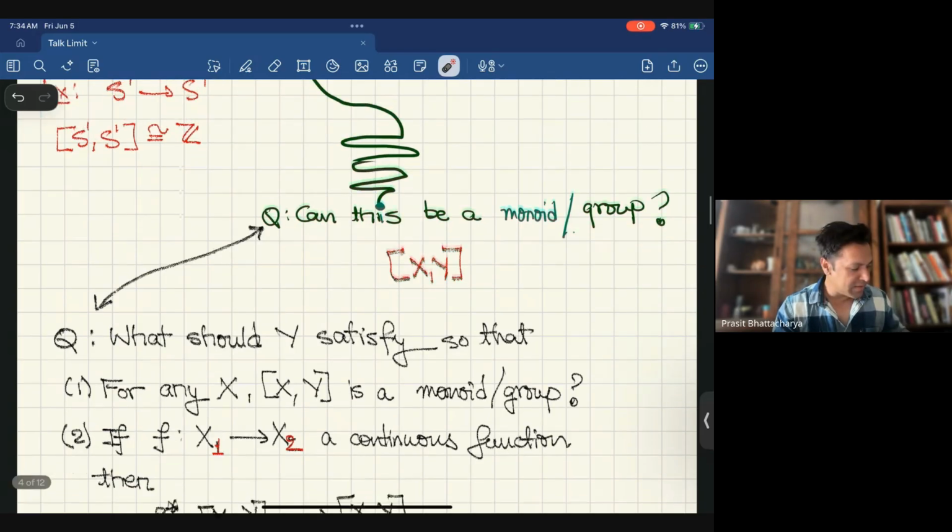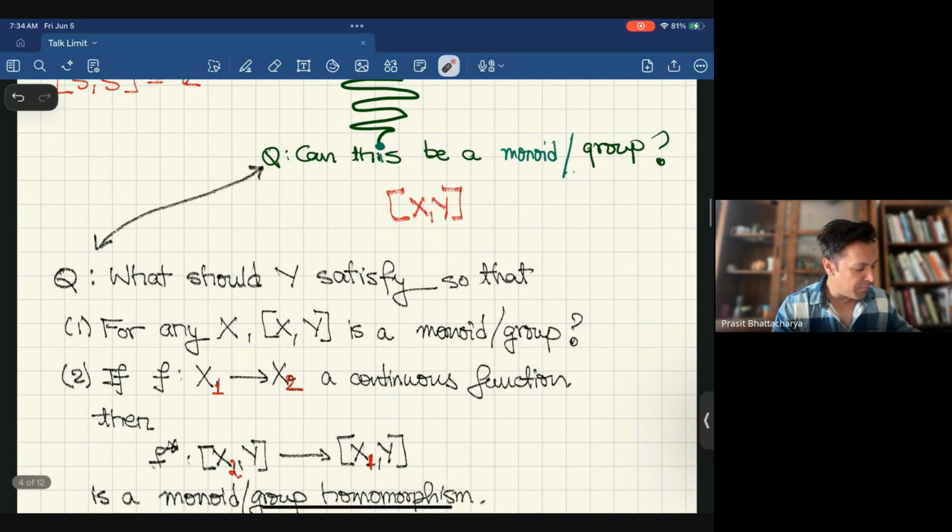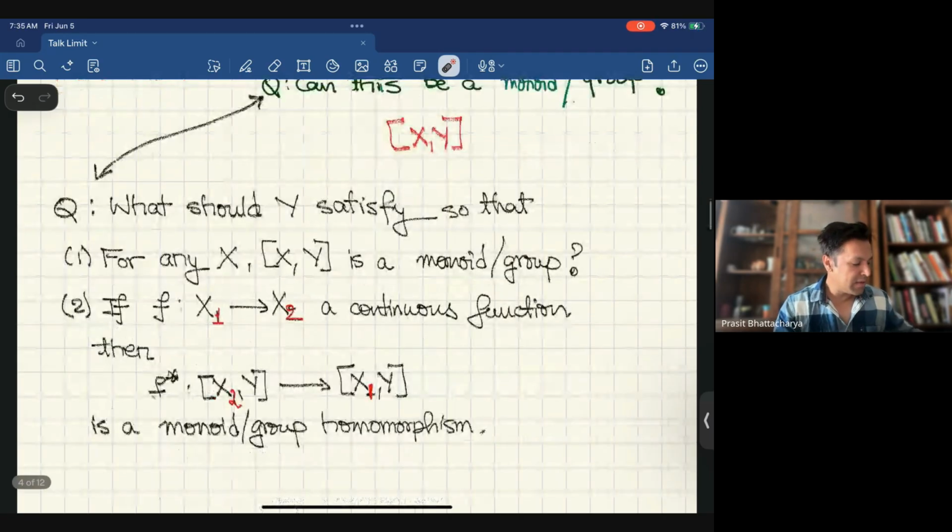I'm asking a slightly deeper question. The deeper question is, what should y satisfy so that for any x, the homotopy class of maps from x to y is a monoid or a group? Not only that, I'm also asking a little more.